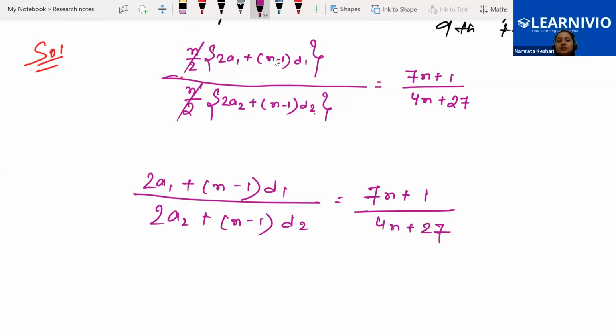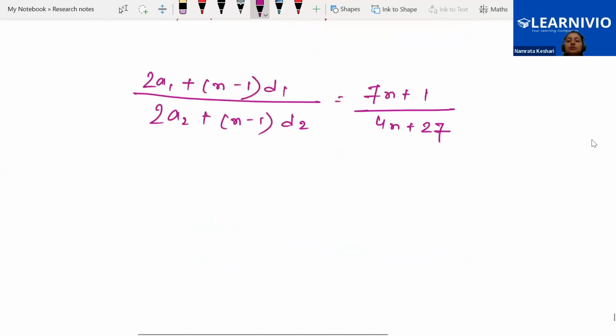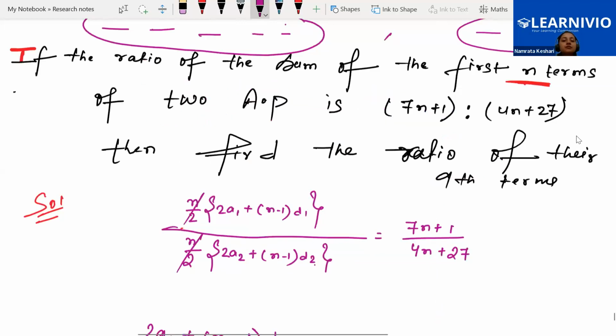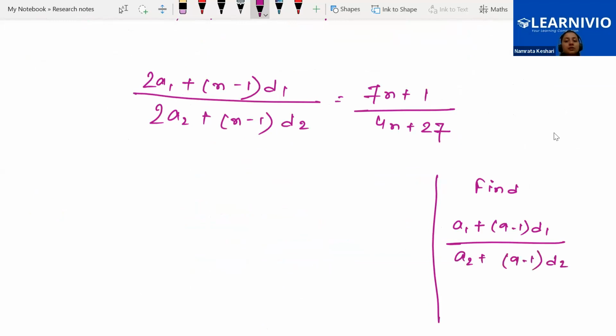Okay, let's see what exactly we have to find. Here it says find the ratio of their ninth term. The ninth term of the first AP will be A1 plus 9 minus 1 into D1, and the ninth term of the second AP will be A2 plus 9 minus 1 into D2, right?